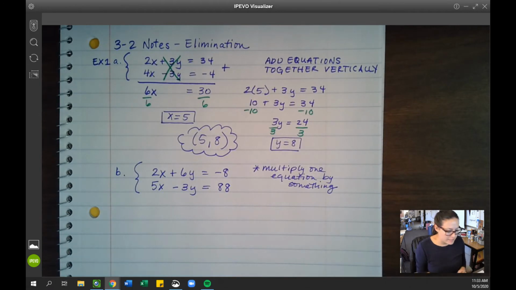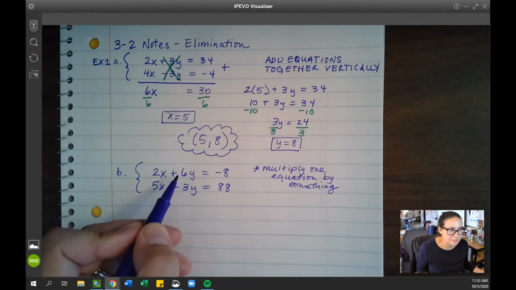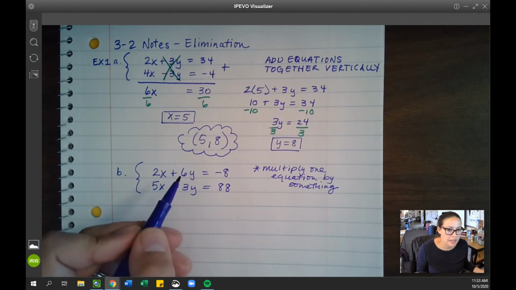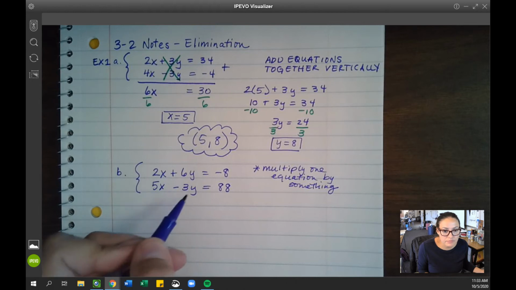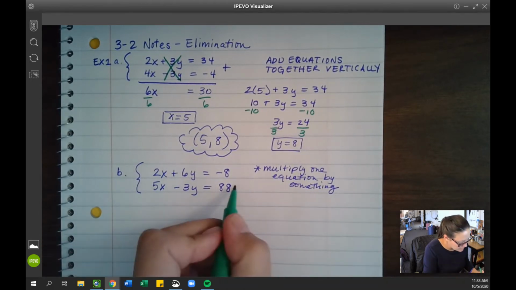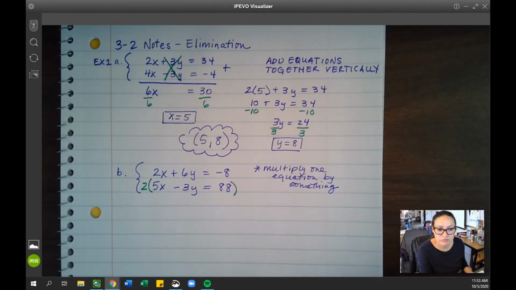So what I do is I look and I see, well, I have 6y, and if I were to eliminate 6y, I would need a negative 6y. Well, I have a negative 3y, so I can just multiply this whole second equation by 2.